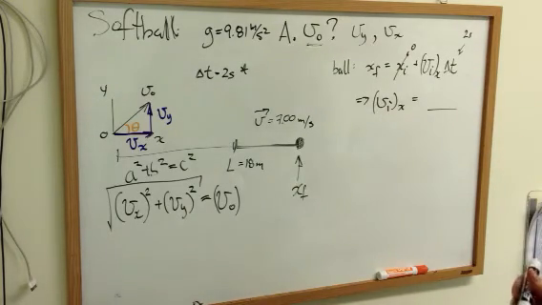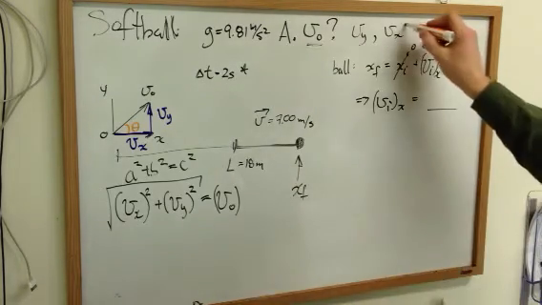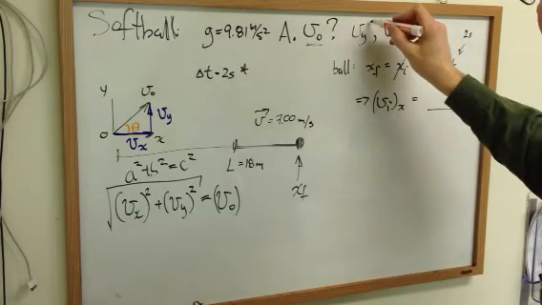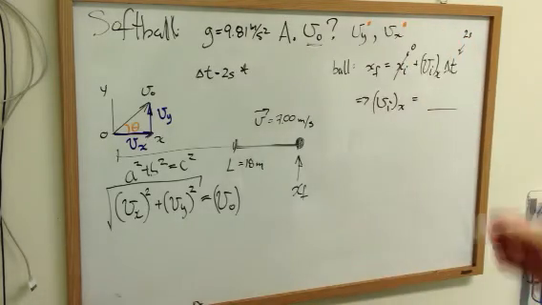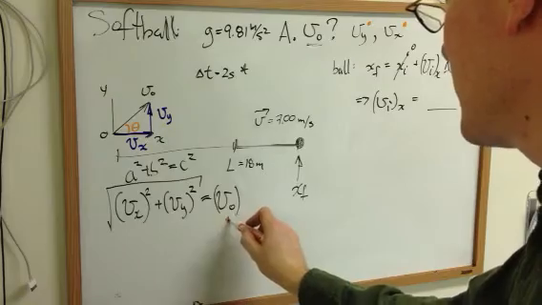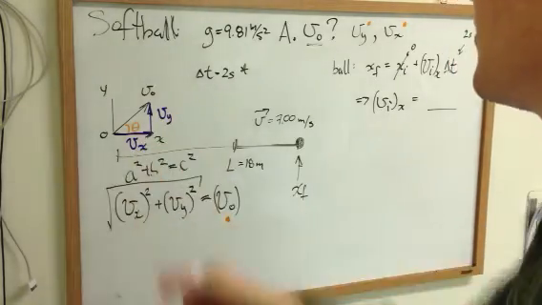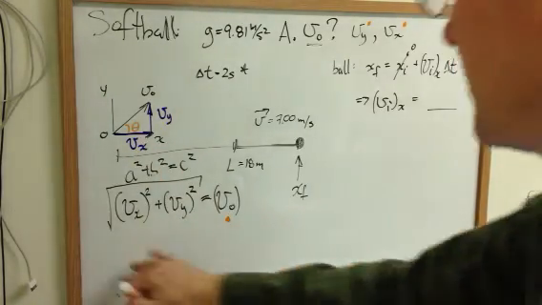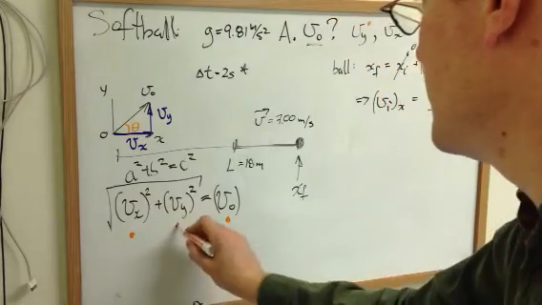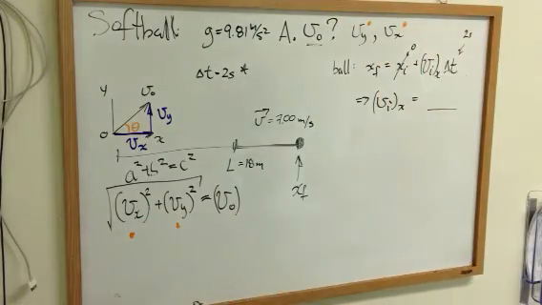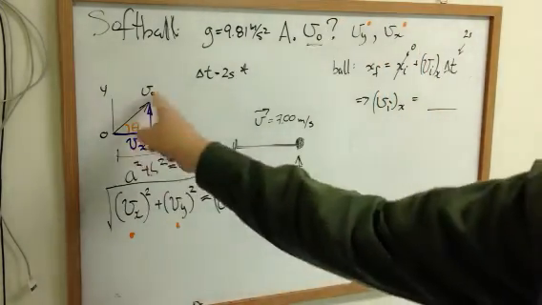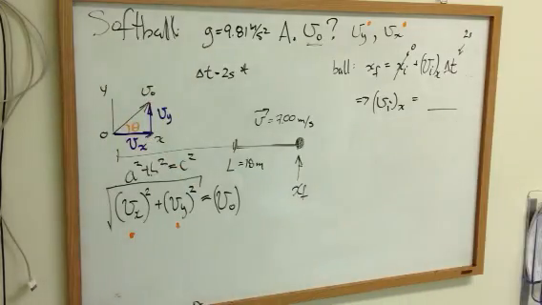So presently we know the horizontal velocity and the vertical velocity. We can calculate the velocity of the ball by plugging both of these values into Pythagoras' theorem. That gives the hypotenuse, which is the original velocity.